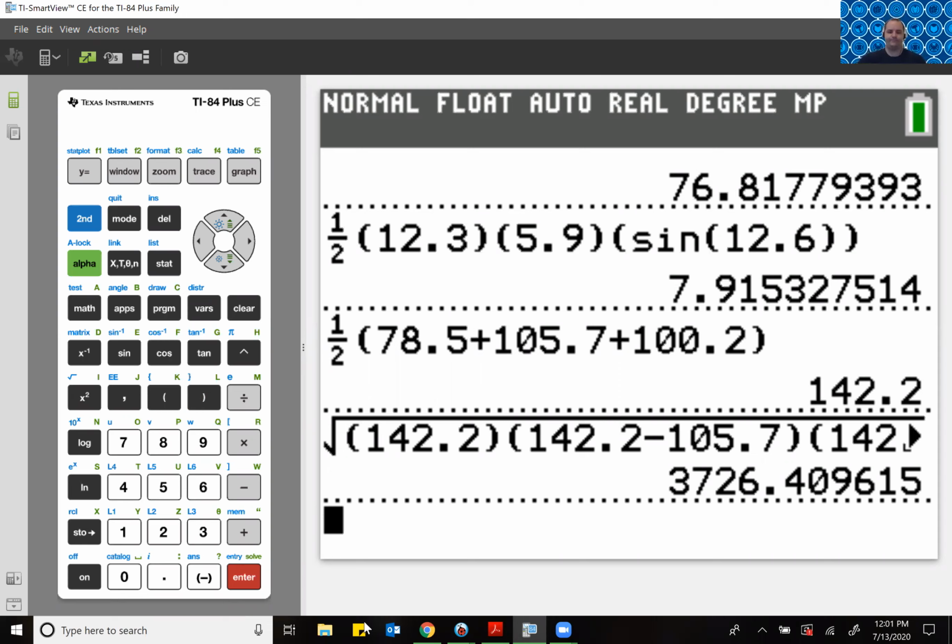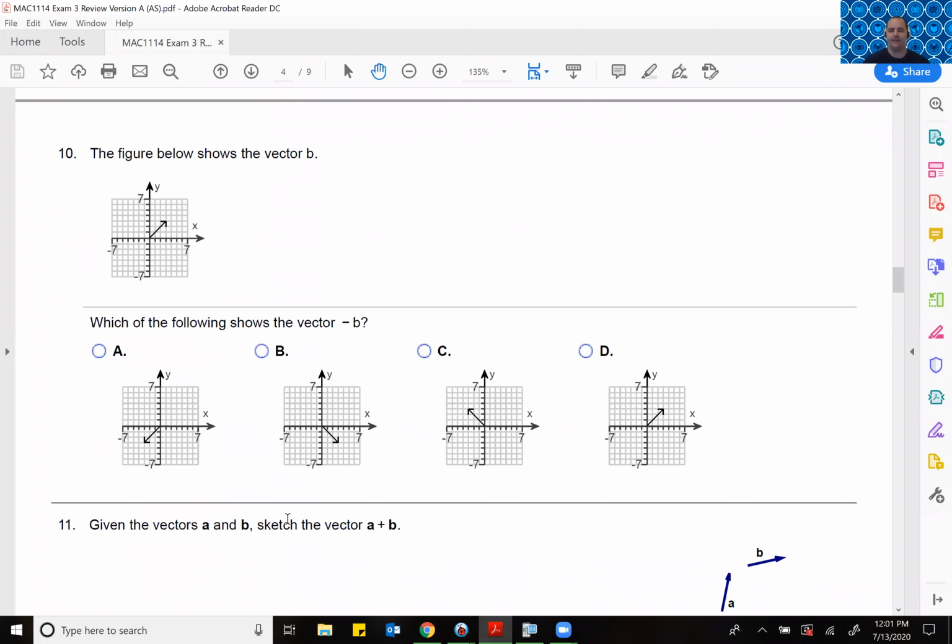There we go. All right, and that takes us out of really the long stuff. I think sections 11.1 and 11.2 are the longer part. So now we're going to start into 11.3, which is all about vectors. There was lots of information in there about vectors. In this one, they just want to know which is the opposite vector.